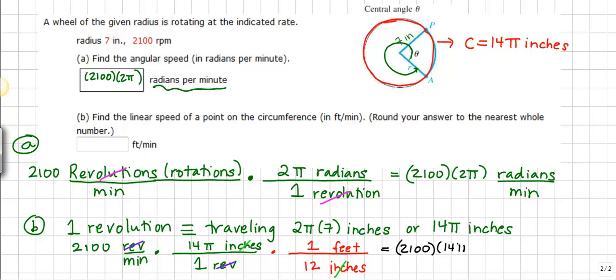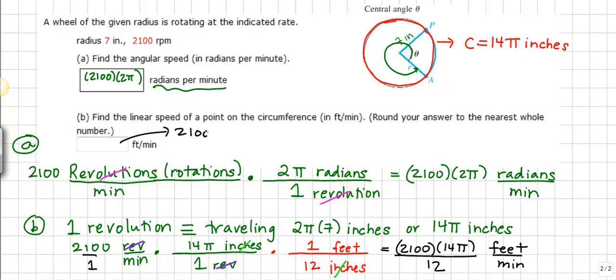Multiply all of our numerators together. Divide by the product of all the denominators, and this one had an understood 1. And our units that are left standing are feet per minute, which is what we were asked to give.